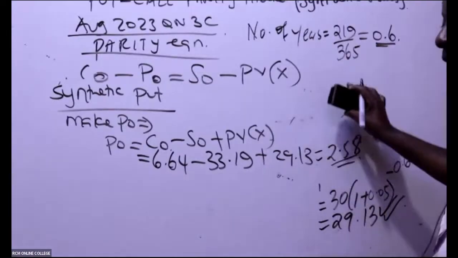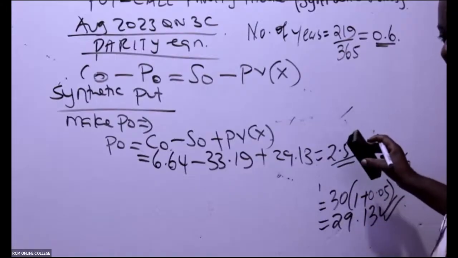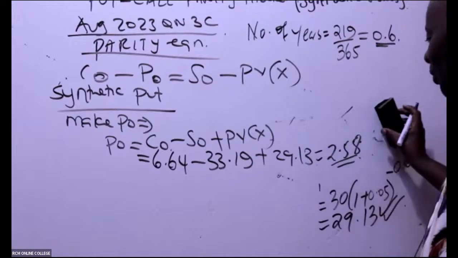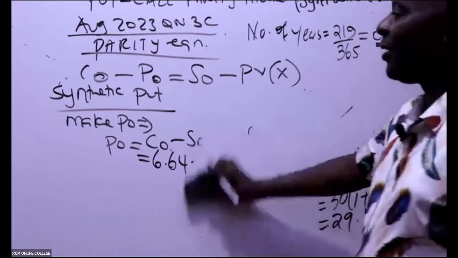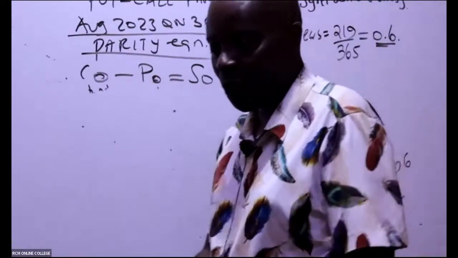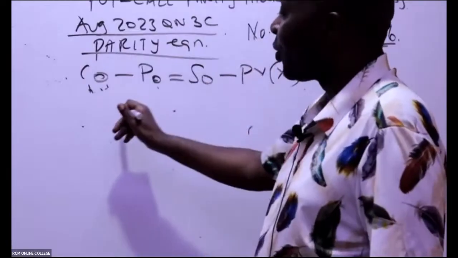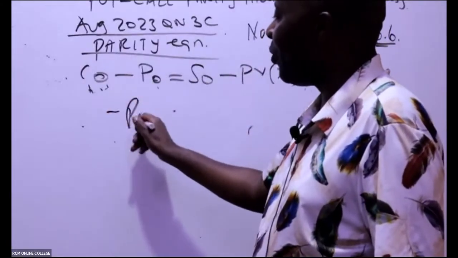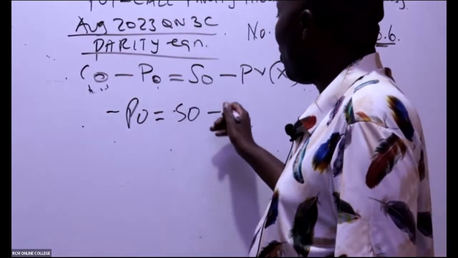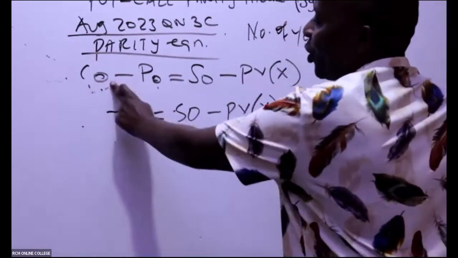Can I wrap this? Have you guys been able to write up to here? All right. So then I can wrap this comfortably. If making PO the subject is an issue for you, then what some people will do, they will take this CO to the other side. So they'll say minus PO equals SO minus PV X, and then our CO is crossing over.